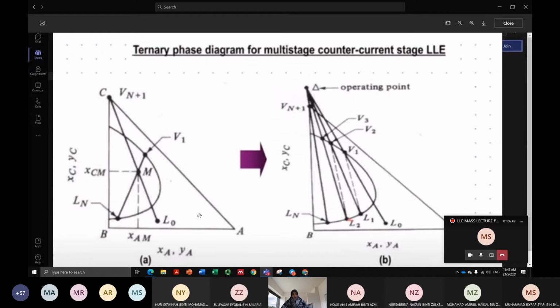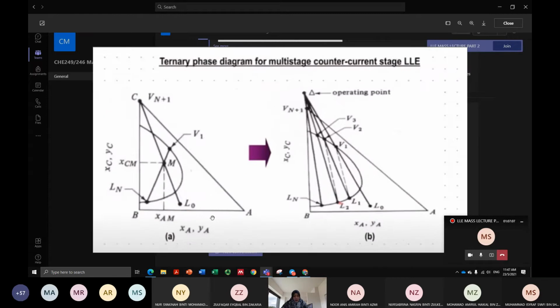Each time you have the information for your feed, your extract, your solvent, and your raffinate, you should build your graph. What is important?